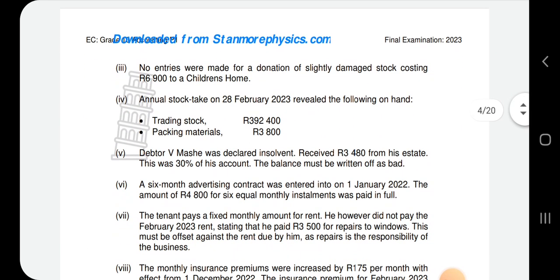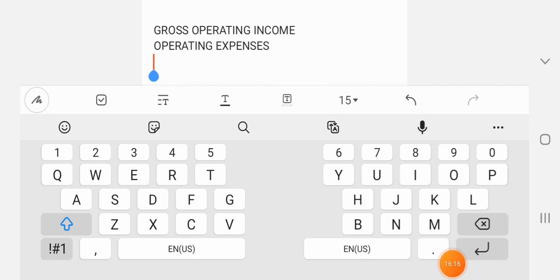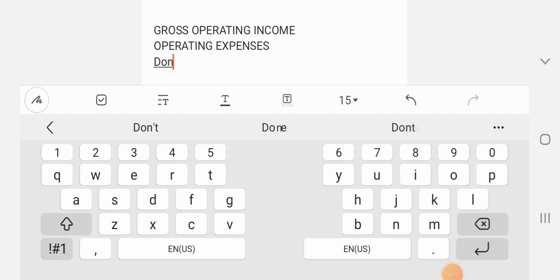We don't write a total yet because we don't know if there is another adjustment that will pop up with regard to that. They say no entry was made for a donation of slightly damaged stock costing 6,900 to a children's home. So no entry was made for those donations. So donations is an expense, right?